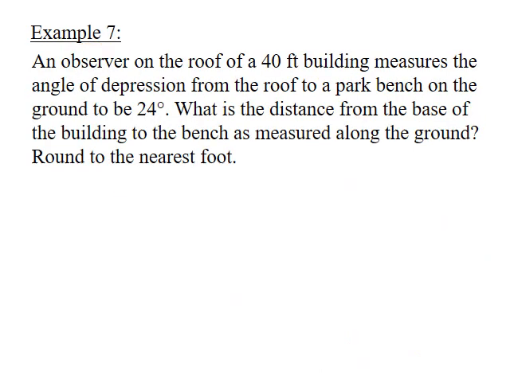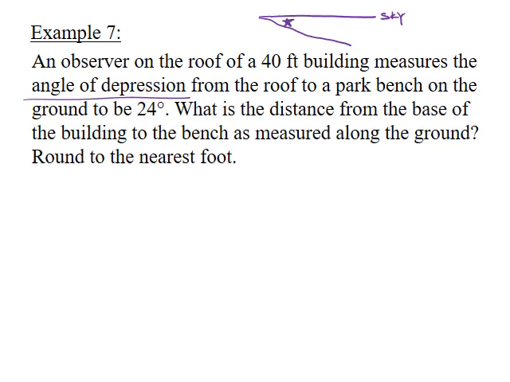Here is our last example. It's very similar to the previous problem, so you may want to pause this and give this a try. The only thing that might catch you off guard a little bit is angle of depression. And I want to remind you the following. If I'm dealing with the angle of depression, if this is the sky or the higher point, looking downward, this here is the angle of depression.